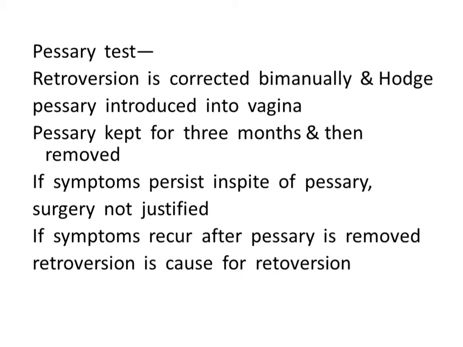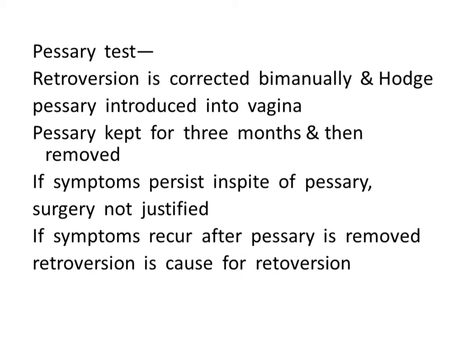So when it rests across the vagina, it pushes the cervix backwards, so that the uterus comes forward. That means with this pessary you're correcting the retroversion temporarily. This is only temporary. Please remember.